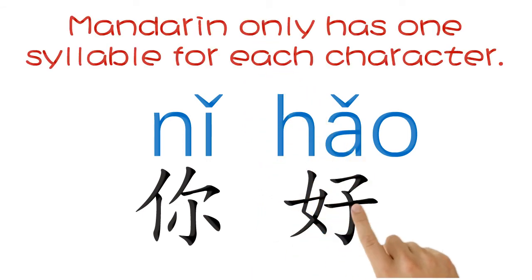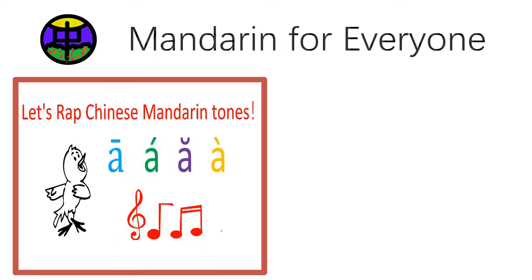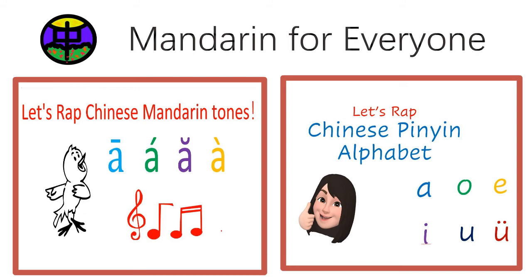Did you notice that Mandarin only has one syllable for each character? It is not like English, where words such as restaurant have loads of syllables, even though it is just one word. You can watch the YouTube videos Let's Rap Chinese Mandarin Tones and Let's Rap Chinese Pinyin Alphabet to practice how to pronounce Pinyin.